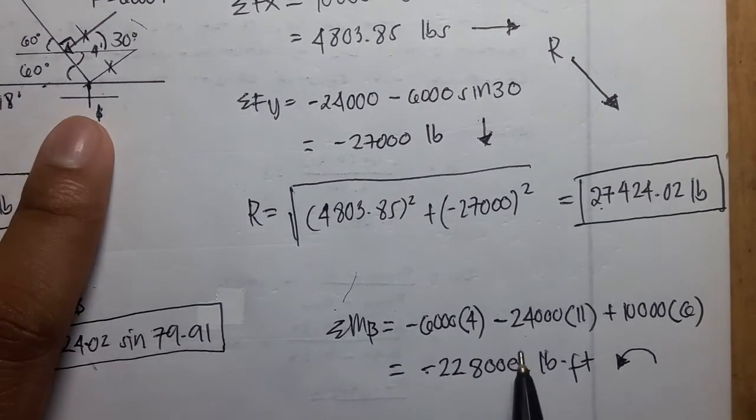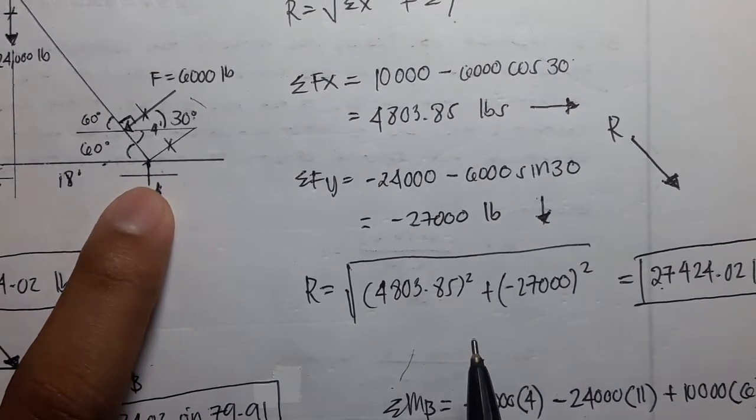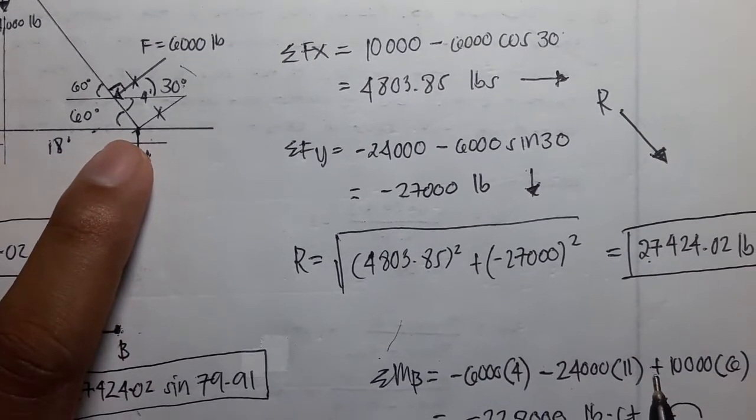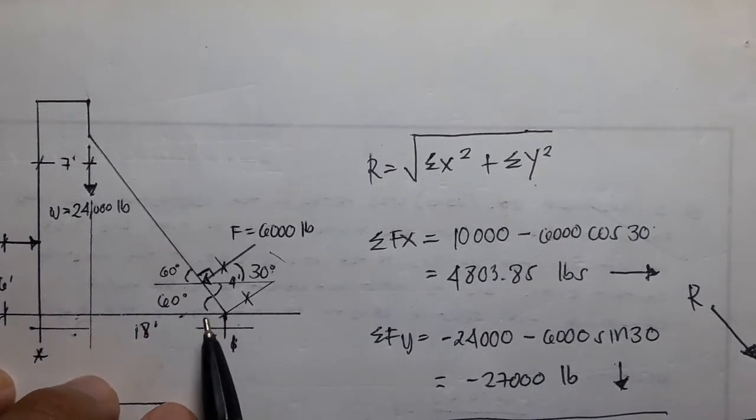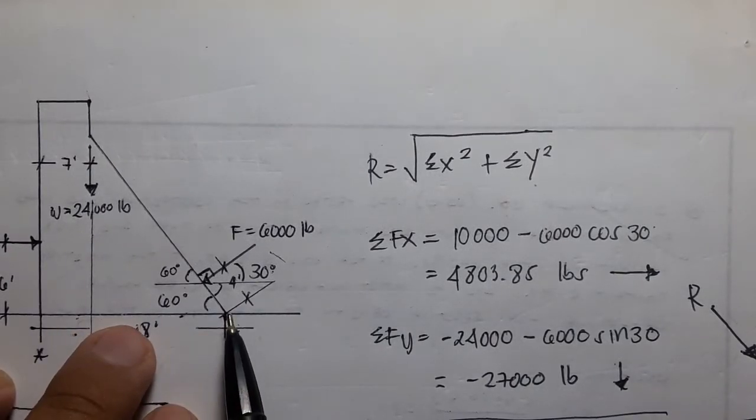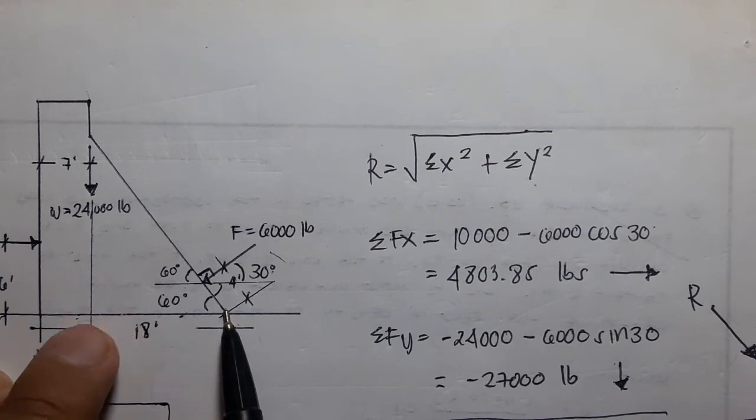Having a negative moment will make the location of our resultant to the left of our moment center.